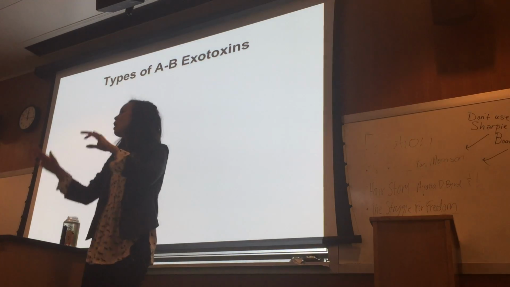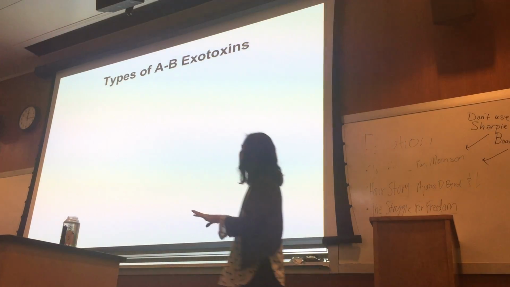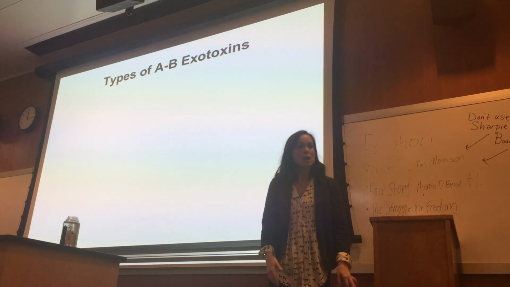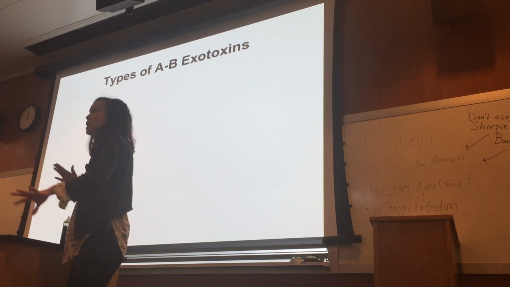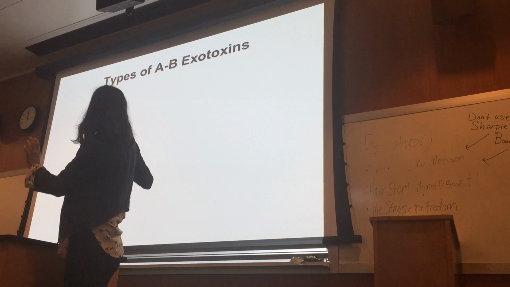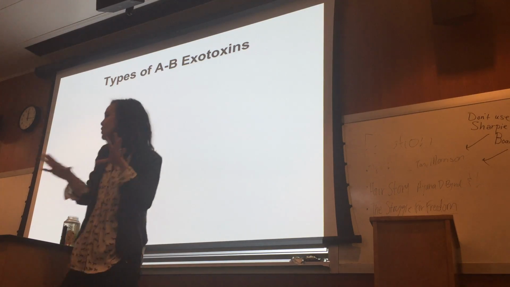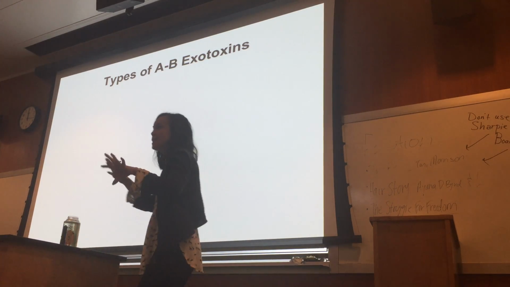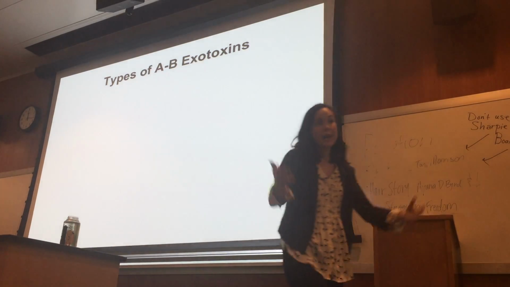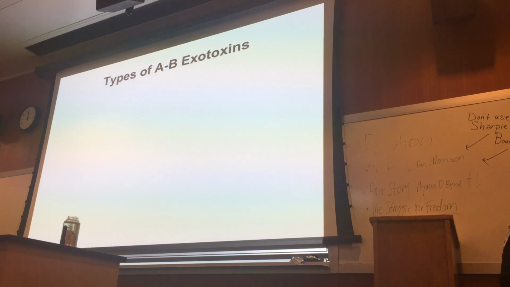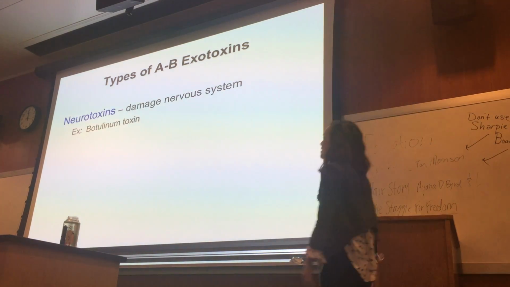So just to give a couple examples of the AB. Within that AB category, usually there's different examples of where the toxins like to have their effect in your body. So one example is a category called neurotoxins.